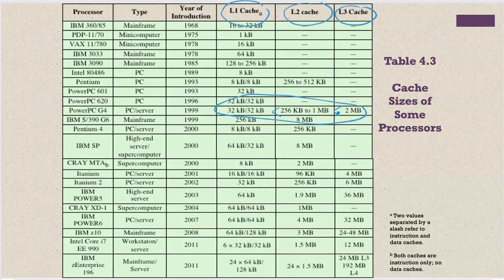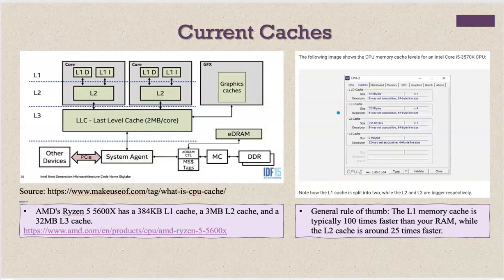Okay, so this is the size of the cache depending on the level. That table was the outdated one. So these are current caches that you can find.